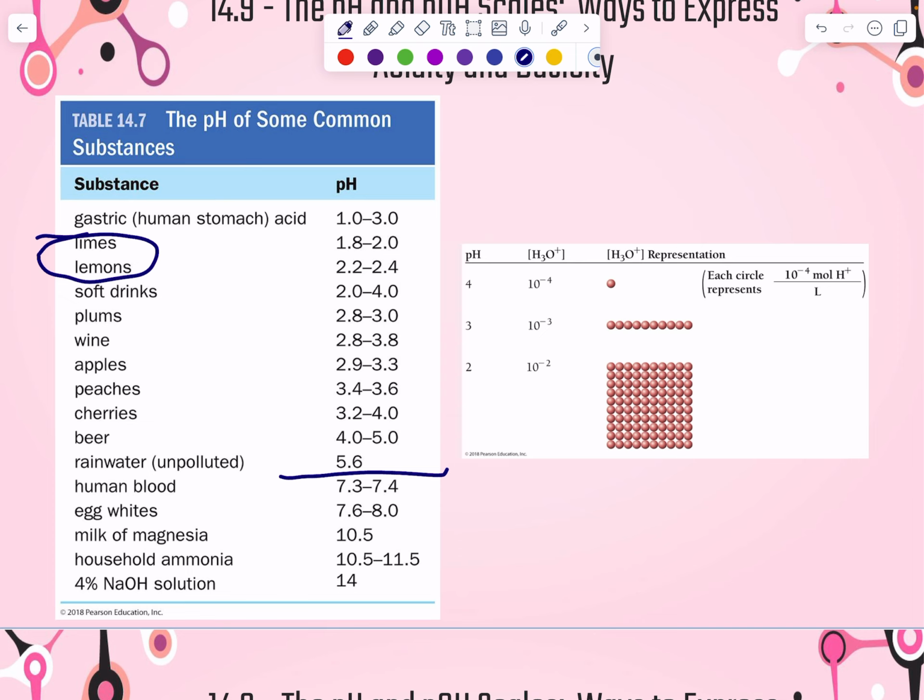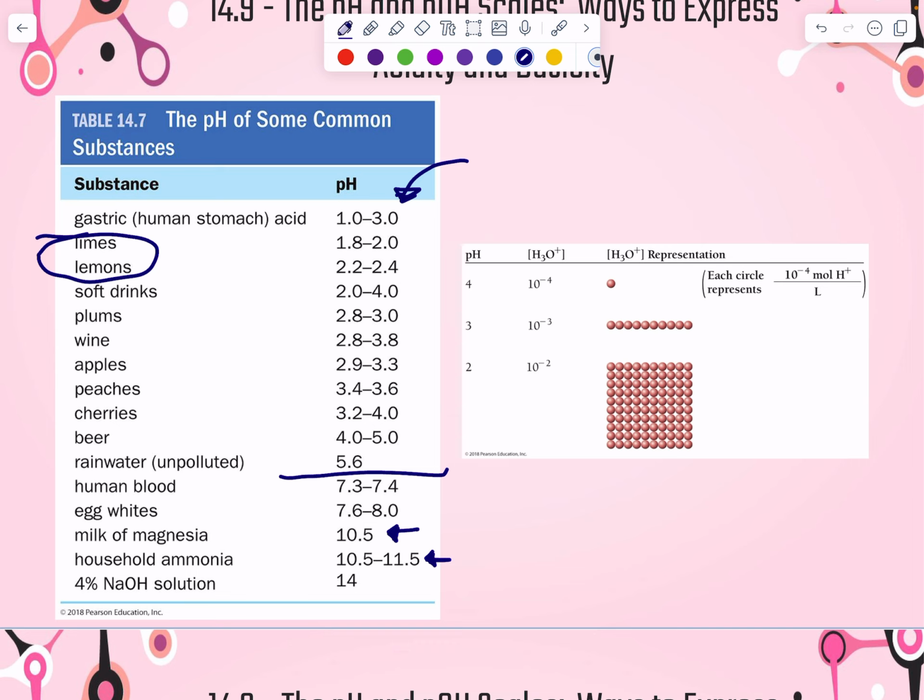And then stomach acid, very strong acid there, very low pH. And then these, remember ammonia we talked about as a cleaning solution? Its pH is around 10 or 11. Milk of magnesia is something that you might take if you have an upset stomach. So if you have more acid in your stomach than there typically is, milk of magnesia will neutralize that acid and make you feel better.